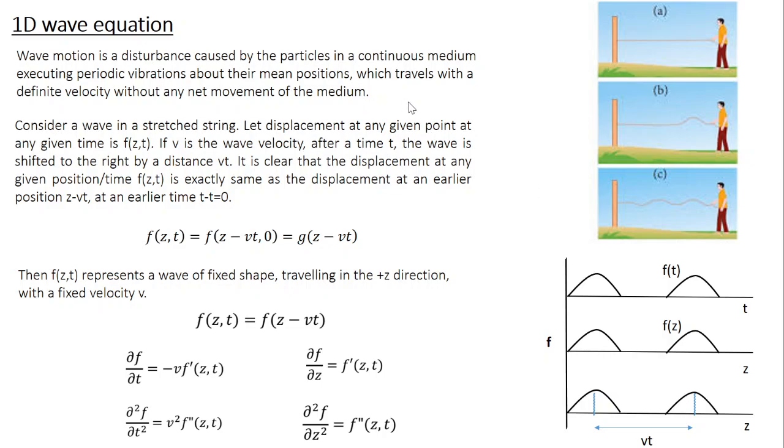Now the question is, how do you characterize a wave motion? To characterize a wave motion, you need something known as a wave function. The variation in the wave function describes the wave motion. In the case of ripples in a water body, you can consider the height profile of the water surface as the wave function.